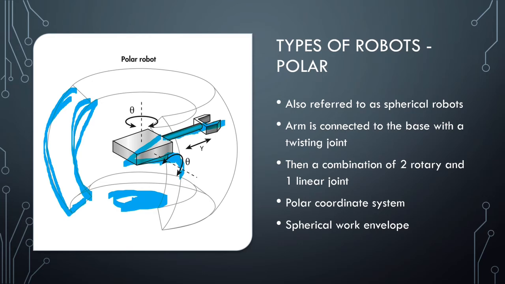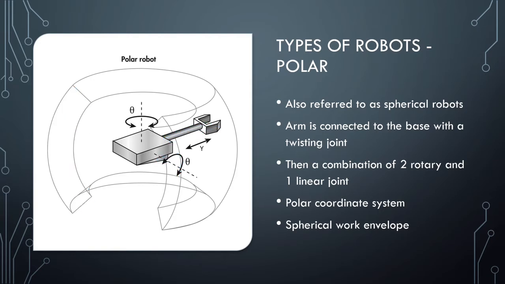In a polar robot, the arm is usually connected to the base with a twisting joint. So this arm probably rotates around. We see this little box here rotates around and can also move up and down at an angle. This combination of two rotary joints and a linear joint is what gives us this unique spherical shape. These polar robots typically use what we call a polar coordinate system.